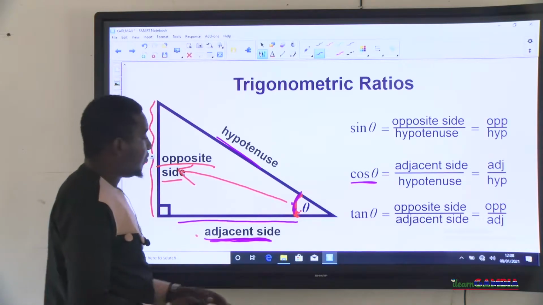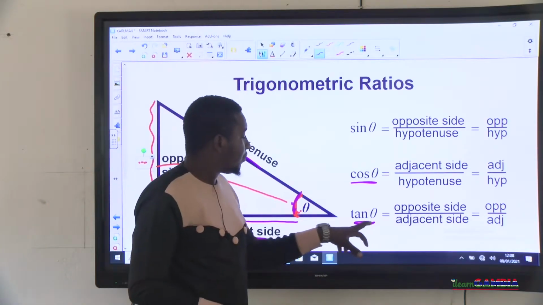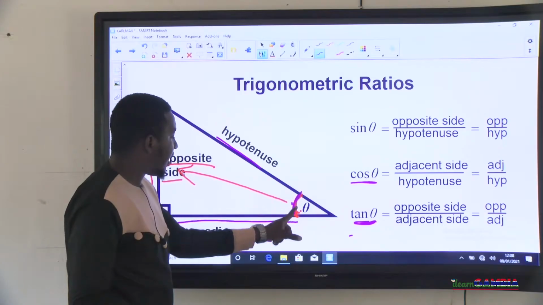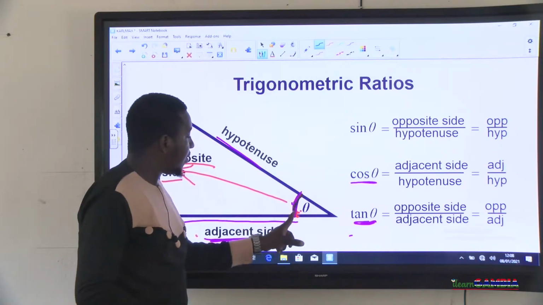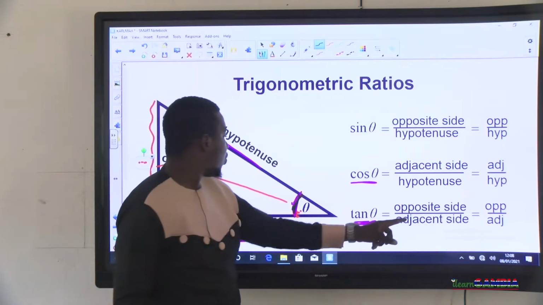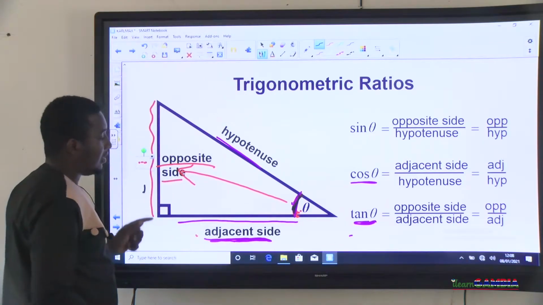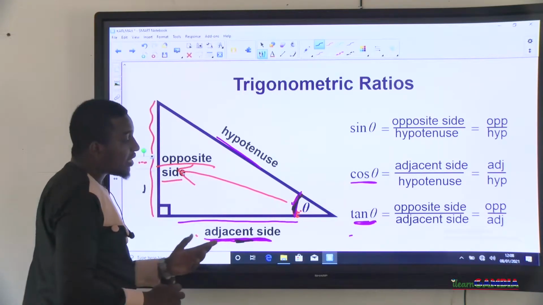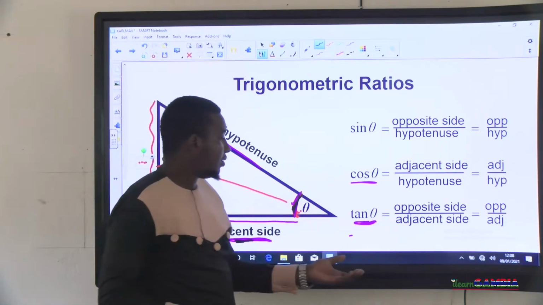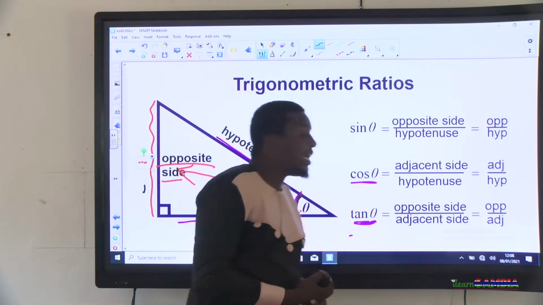And finally, when we are dealing with tan, tan of the angle theta is equal to the opposite of the angle divided by the adjacent of the angle. So tan is going to give us opposite divided by the adjacent.